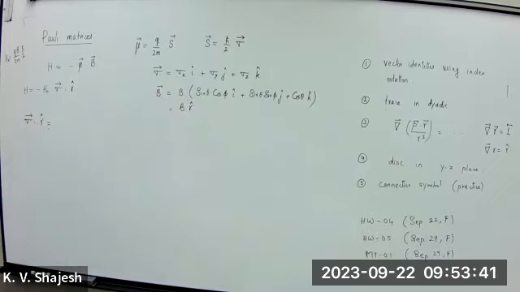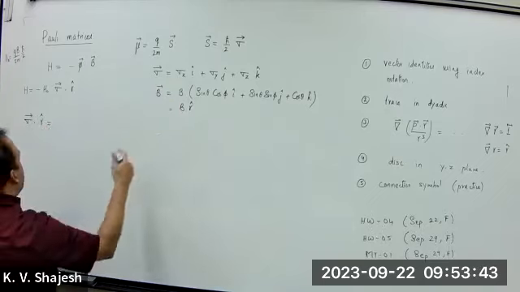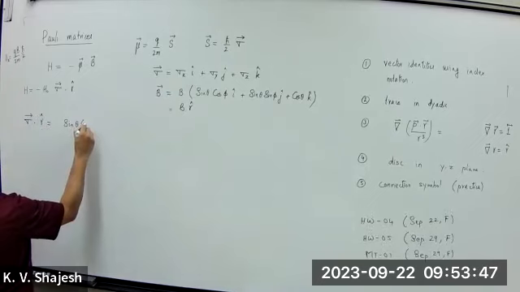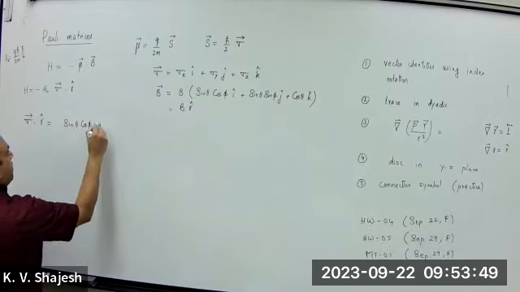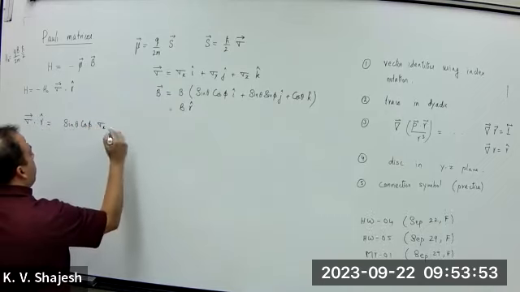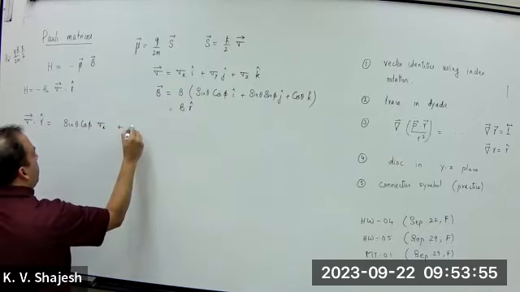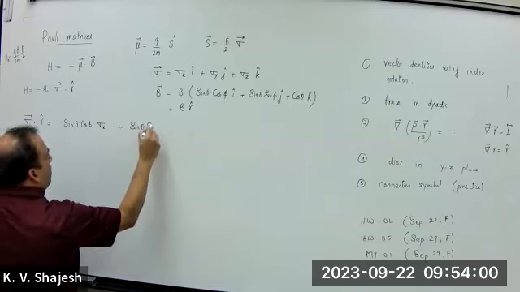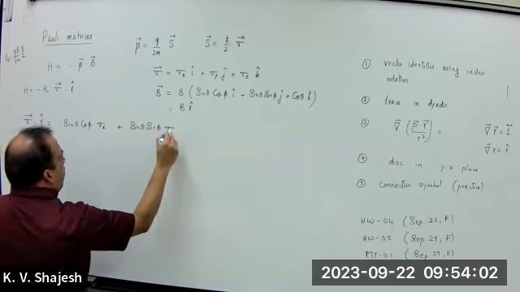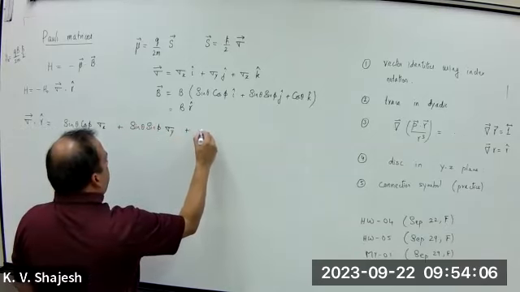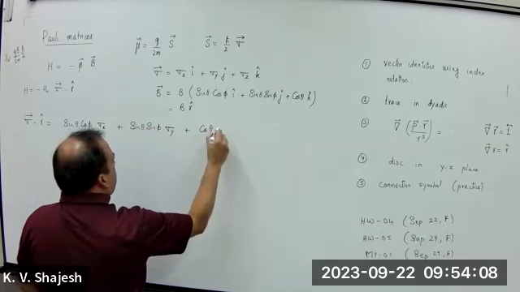So you can show that sigma dotted with r hat is equal to sine theta times cosine phi multiplied by the sigma x matrix, then sine theta sine phi times sigma y, and cosine theta.